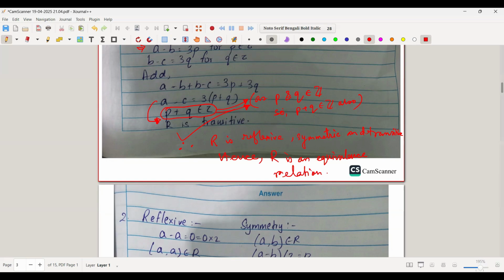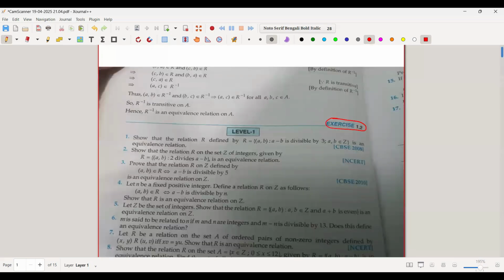Question number 2. Show that the relation R on Z of integers given by R equal to (a, b) such that 2 divides a minus b is an equivalence relation. This is the same problem.